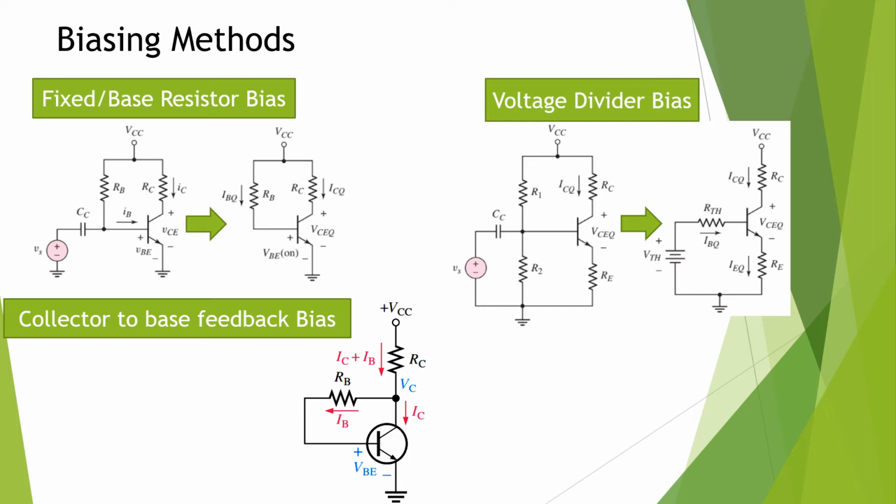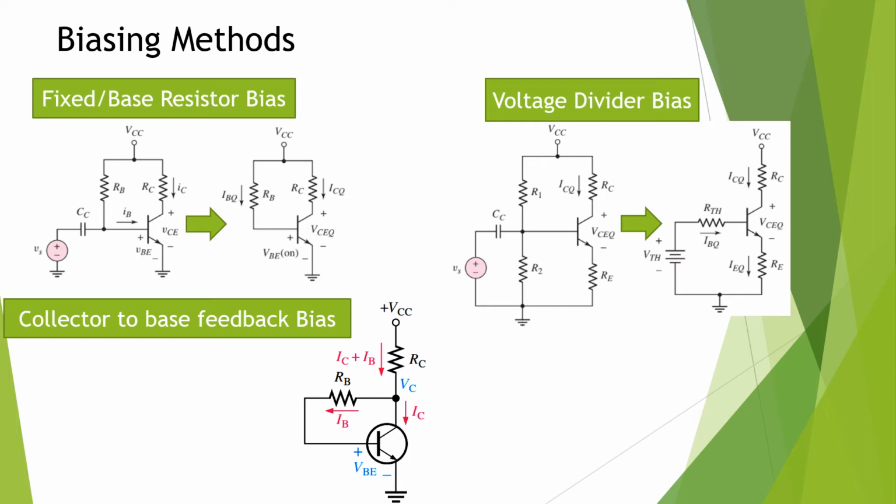Whenever there is a temperature change, these three parameters will change. That will affect the collector current so that the Q point will be shifted. I want the Q point in a stable position. That's why we are going for the collector to base feedback bias. In this method, what happened? The current drawn through the collector resistance RC is IC plus IB.